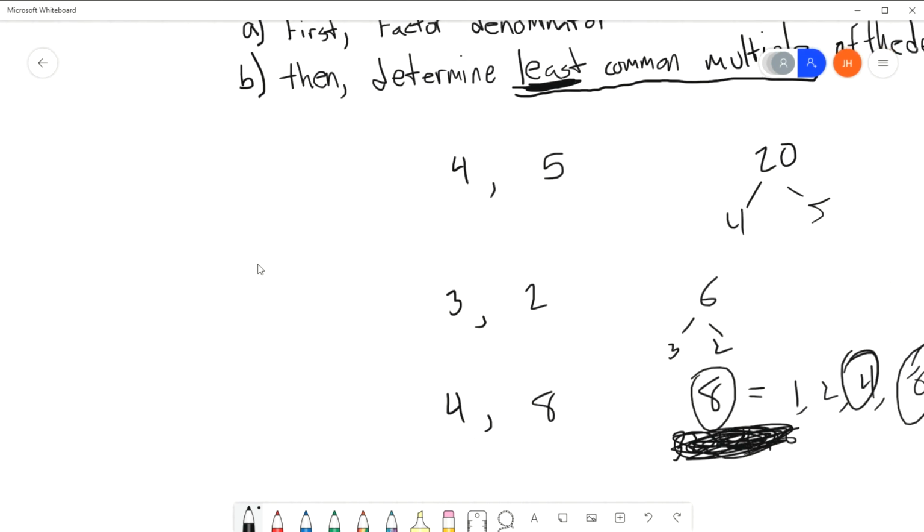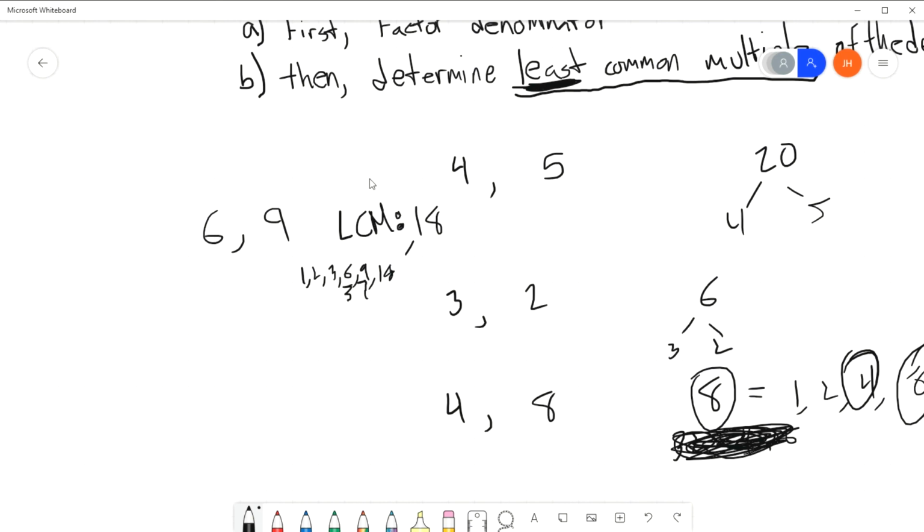Another example: what if I had 6 and 9? The least common multiple of this would be 18, because the factors of 18 are 1, 2, 3, 6, 9, and 18. So 6 and 9 are contained.